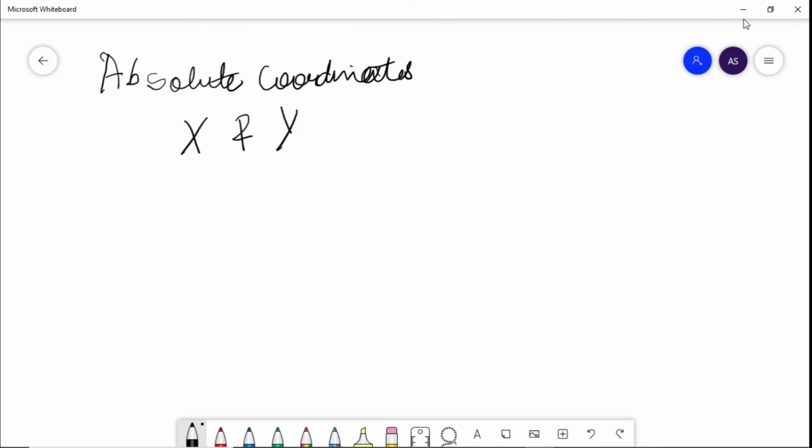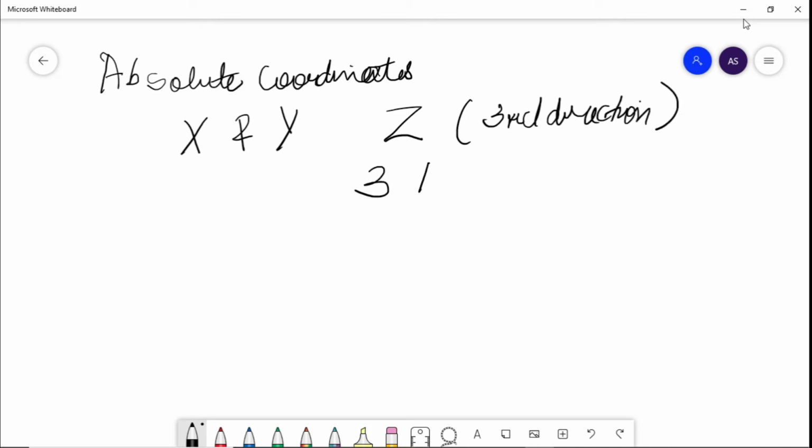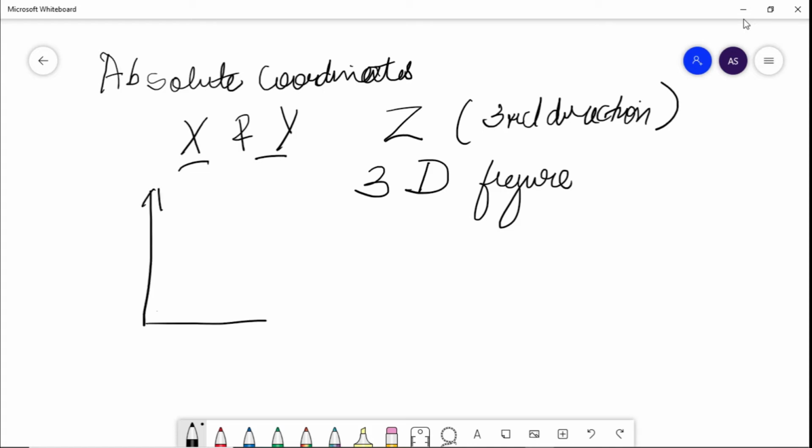It can also be z if you want to use the third direction, and this third direction would always come when you are taking a 3D figure. Now x and y, you always knew that if I draw these two lines, this direction is the x direction and the upside direction is the y direction.